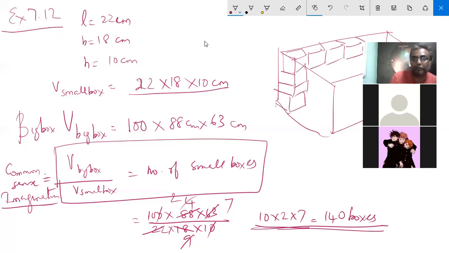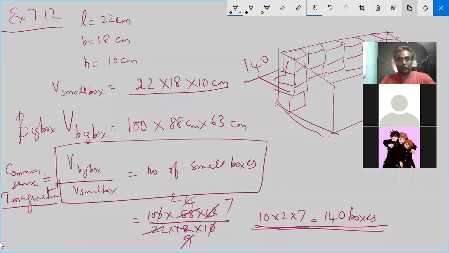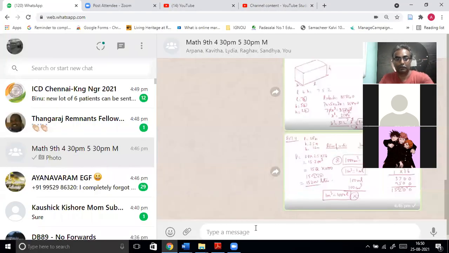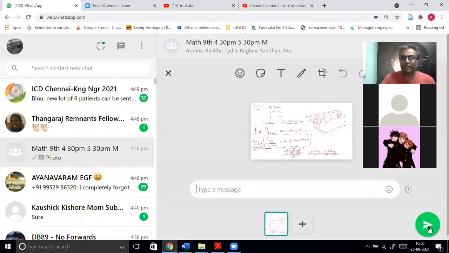That's the point. This is what people don't understand. So the number of small boxes is 140. I'll post this also in your WhatsApp. Very easy, no? Mensuration. Very easy and very likable.